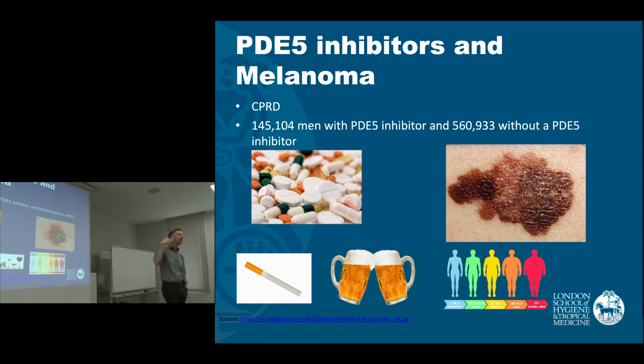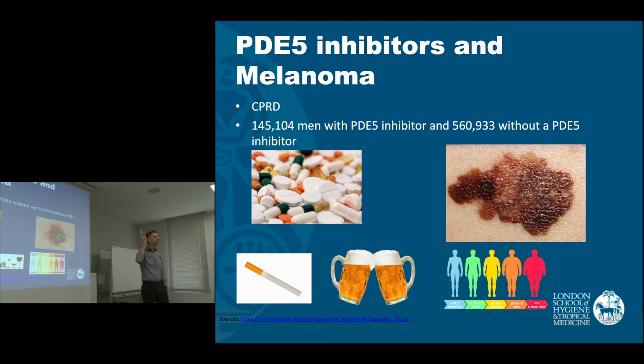So as researchers, we thought men that take PDE5 inhibitors will be different from men that don't take them. It could be that they smoke more, it could be that they drink more alcohol, or it could be that they have a higher body mass index. So lucky for us, we've at least got some information on these factors that we could include to adjust for.